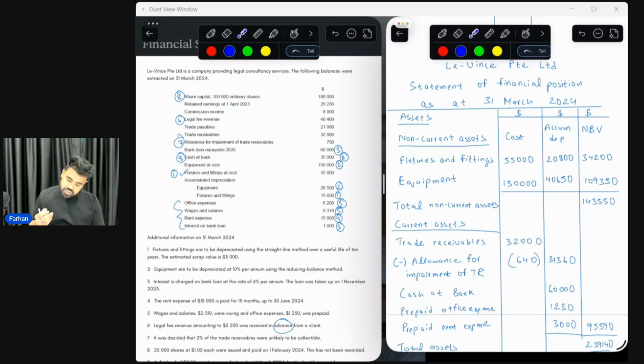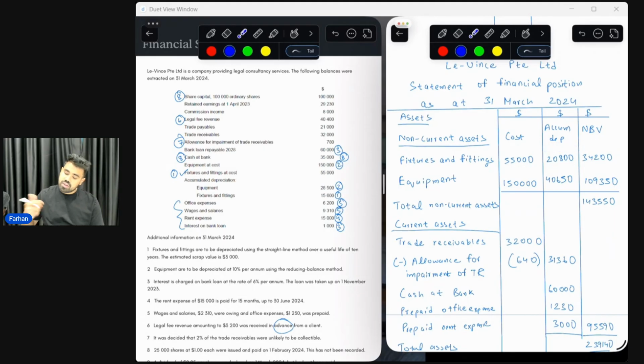So fixtures and fittings, as you know, the cost is given to us in the list at $55,000. The accumulated depreciation when we worked out additional information number 1 is $20,800. How did we get that? We previously had $15,600, and then for the expense of the current year, we had $5,200, which is included above in the financial performance.